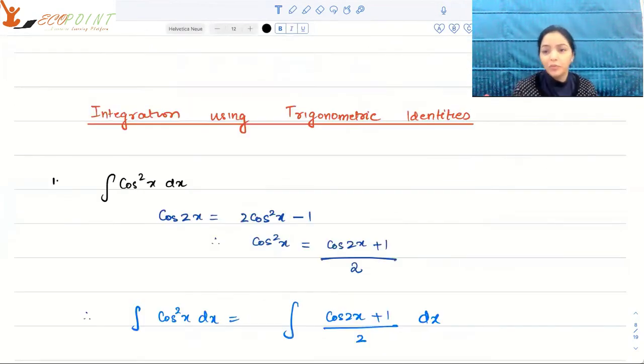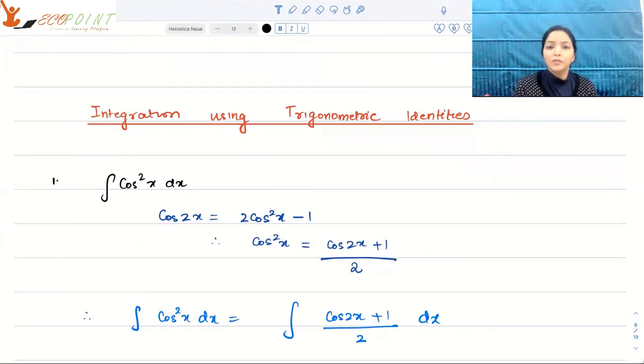So what we have been working on was actually some trigonometry. We've solved some trigonometric questions for integrating. Now, I want to discuss certain cases where you use trigonometric identities to solve a particular question. So suppose you have to integrate cos square x dx.